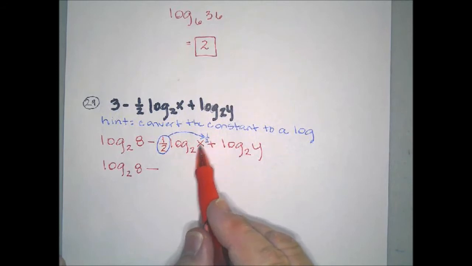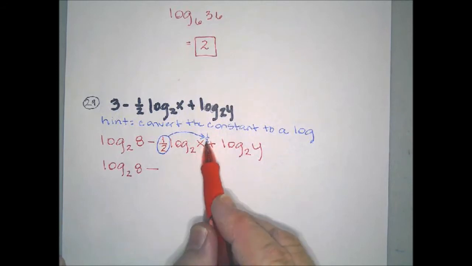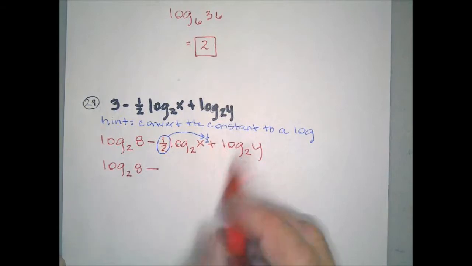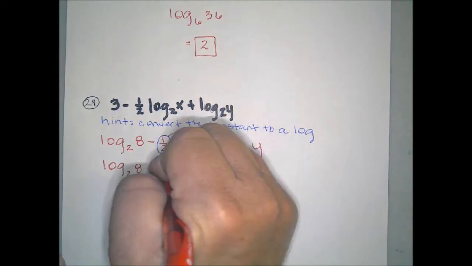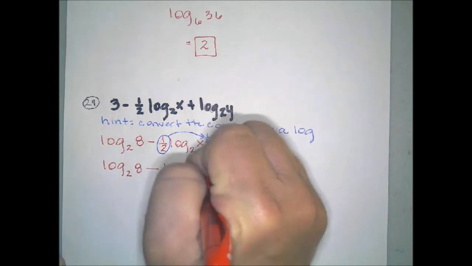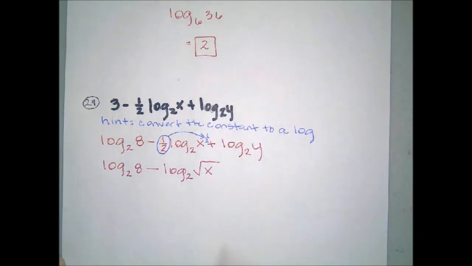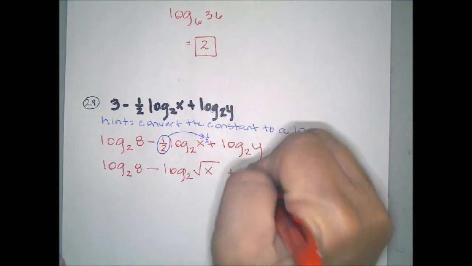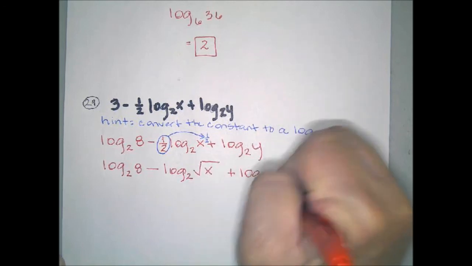I'm going to take it from its exponential form to its radical form. X to the 1/2 power is the same thing as log base 2 of square root x, and then plus log base 2 of y.